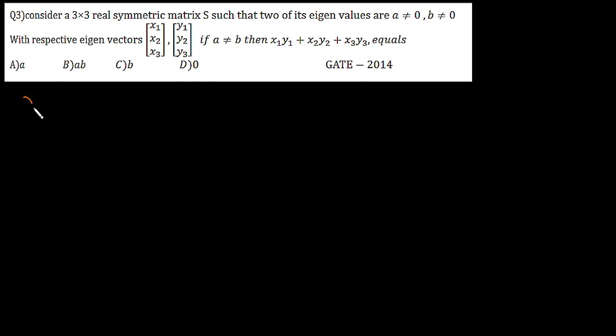So let's assume lambda 1 and lambda 2 are eigenvalues, and the eigenvalues given are A and B, with the condition that A is not equal to 0 and B is also not equal to 0. That means these eigenvalues are non-zero, and we are also given the eigenvectors. Let's call them x1 and x2. These two are eigenvectors.